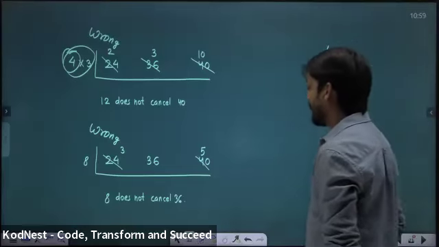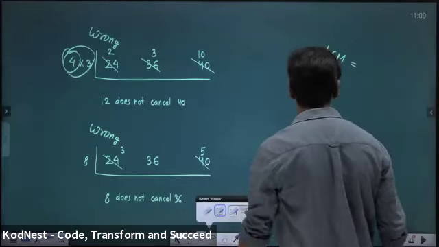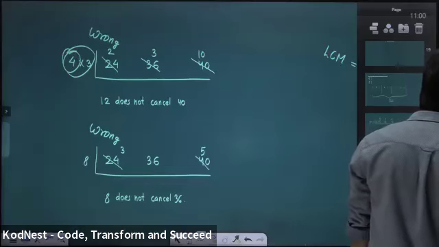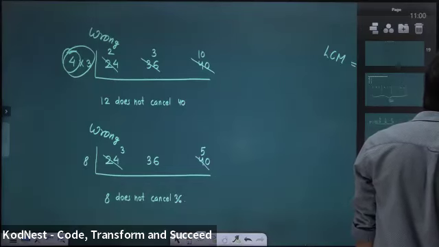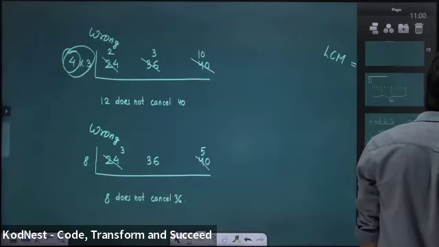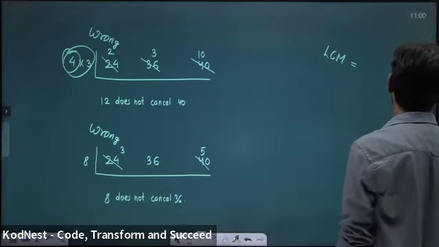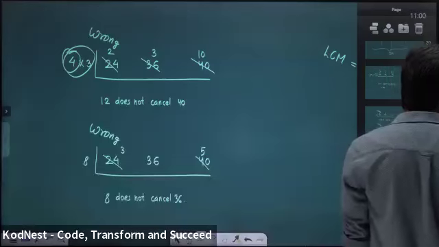All right. Now, next. 17 and 11, what is the LCM? 17 and 11.